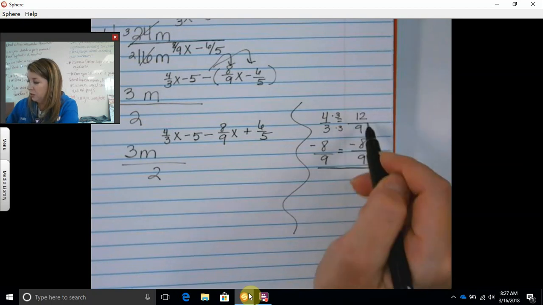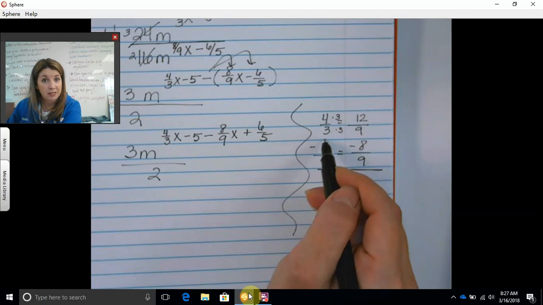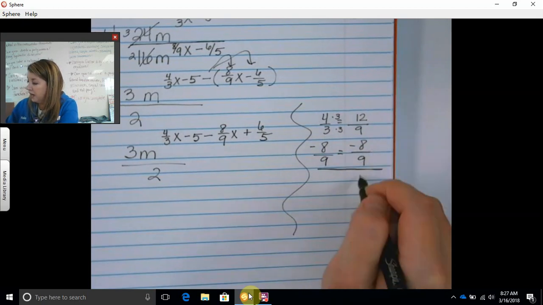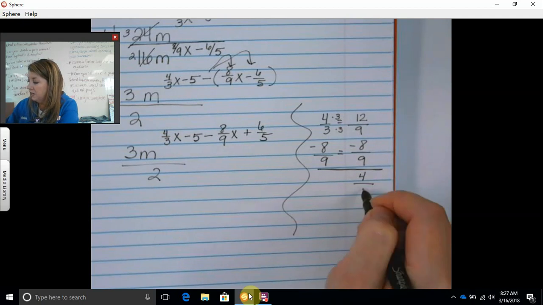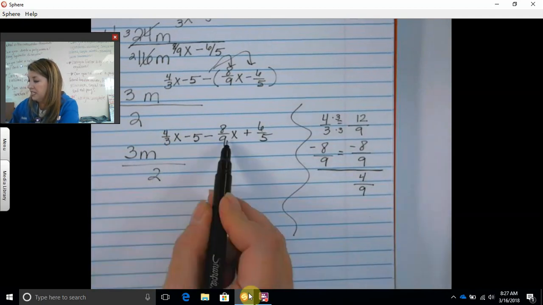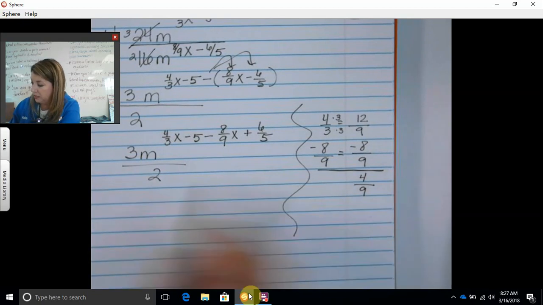Now, just to make sure, what does 12/9 reduce to? 4/3. Is that equivalent? Yeah. Okay. So 12 minus 8 is 4. Subtract the numerators. The denominator, you do not change. So 4/3 x minus 8/9 x will be 4/9 x, right? So let me write this over here.